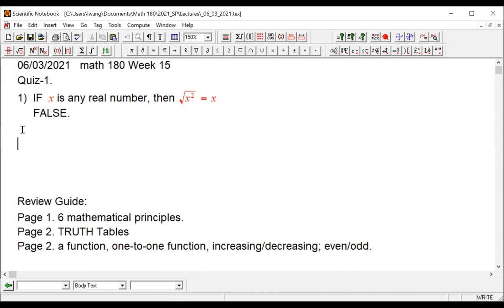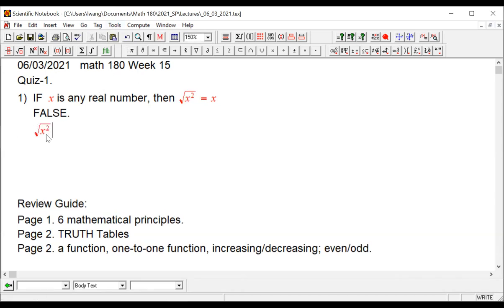Very common mistake. But during the semester, we have learned that the reason this is false is because of the domain of this function. We understand how this operates, right? We have x as the input, and we do the x squared. And after we've done the x squared, then we do the square root of x squared.